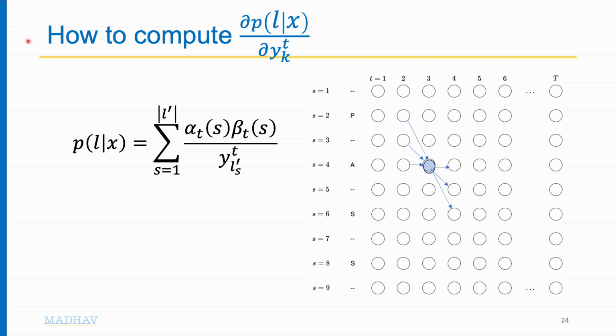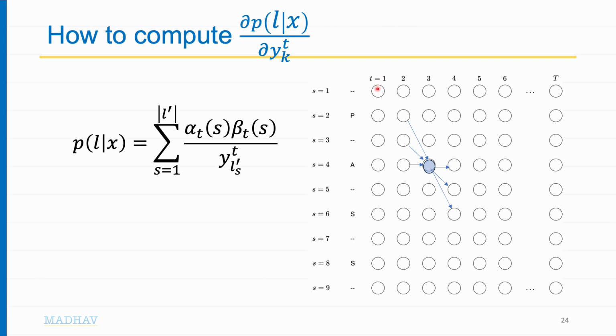What is the derivative of p(l|x) with respect to y_t^k? Let's say t is 2 or 3 in this case, and k is capital A. K is some neuron, and let's say that neuron corresponds to capital A. Now look at one path.